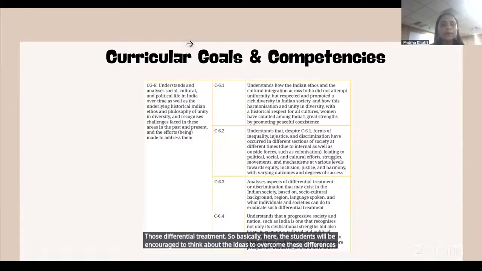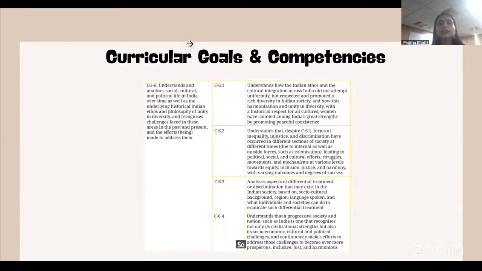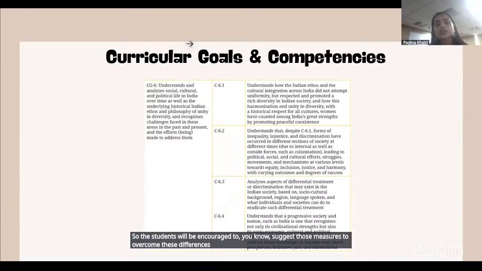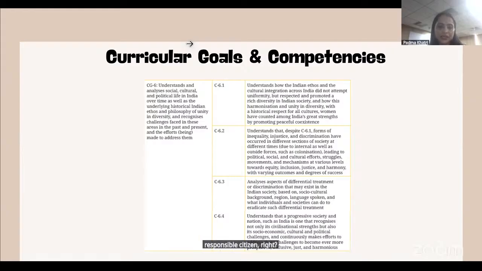What was there in the past, how it impacted the present time, and if it continues, how it will impact the future. So the students will be encouraged to suggest measures to overcome these differences. Hence we are focusing on making them responsible citizens, right, being empathetic too.